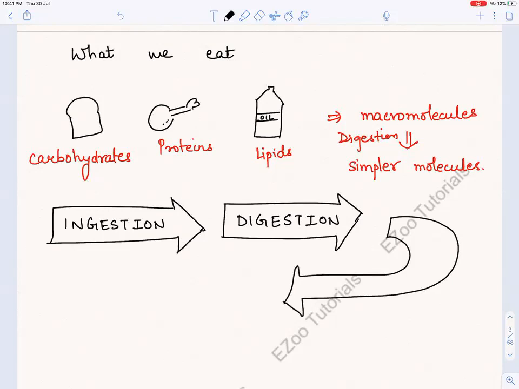Ingestion, digestion. When you have digested, the body needs it also. So absorption, the body will absorb it. Where? In the blood vessels. There will be the absorption. So I have drawn a blood vessel.